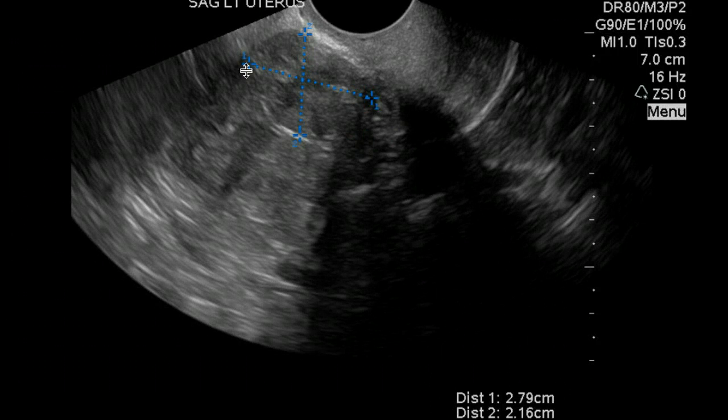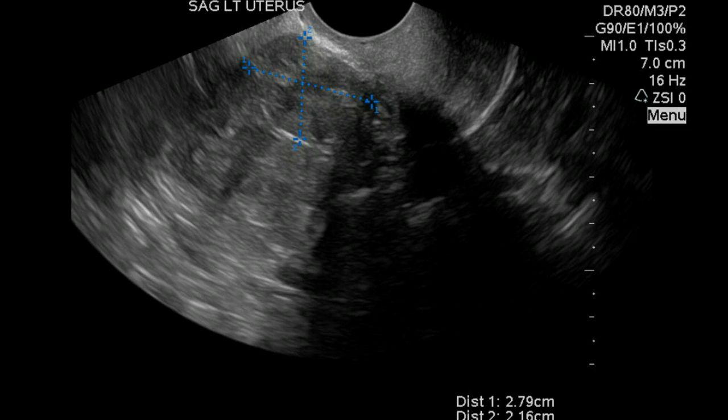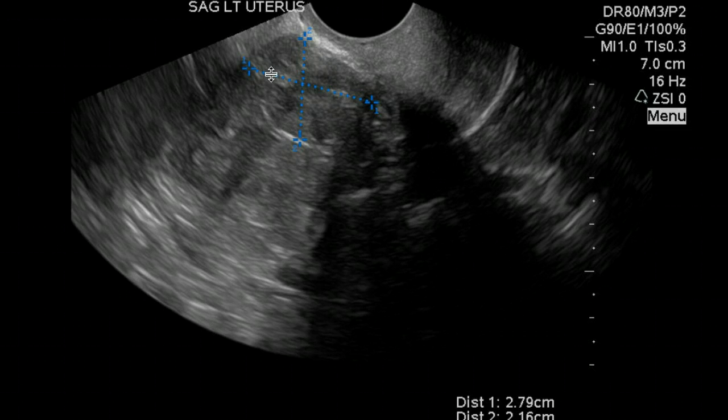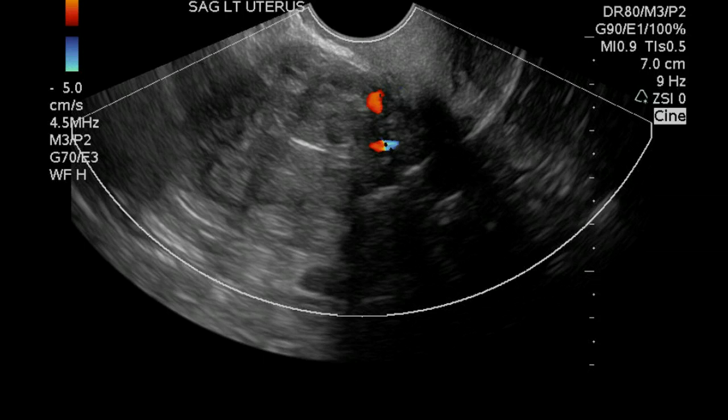So there's a fibroid here, and it's left-sided. It's anterior. It's hard to say, is this lower uterine segment? Is this mid-uterus? That's why it's helpful if you're a sonographer to label this appropriately for the physician, because you can't always tell.